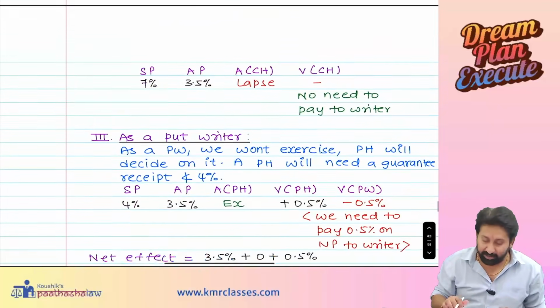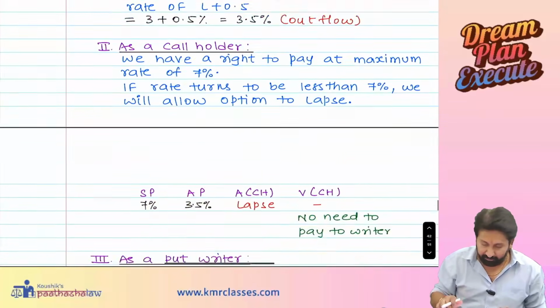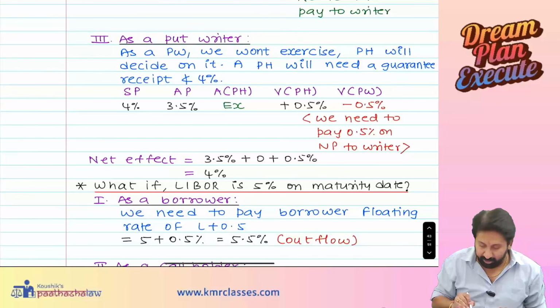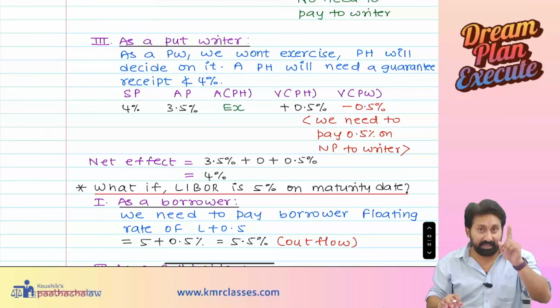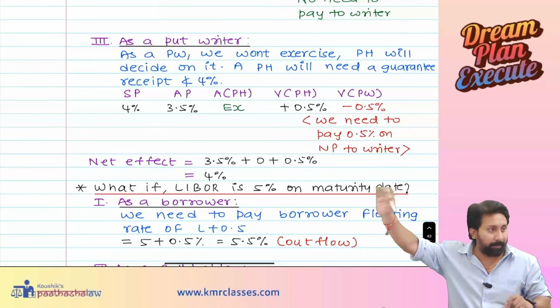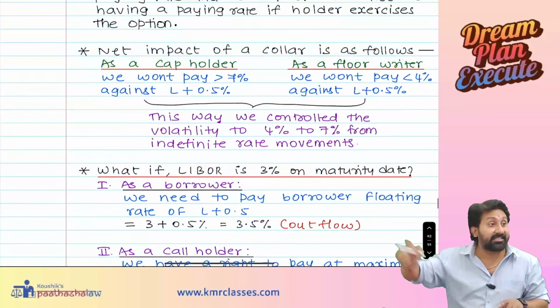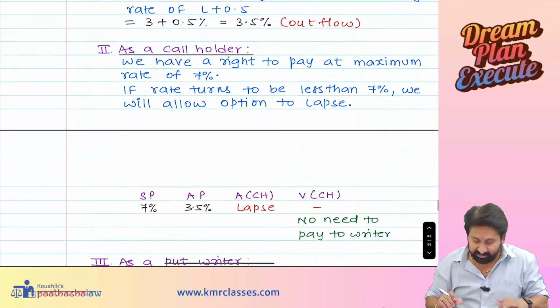So here, what is my effective cost? Here 3.5, net effect 3.5 plus call value 0, and here 0.5, net effect 4% is our maximum interest rate that we are going to pay, when LIBOR is as low as 3.